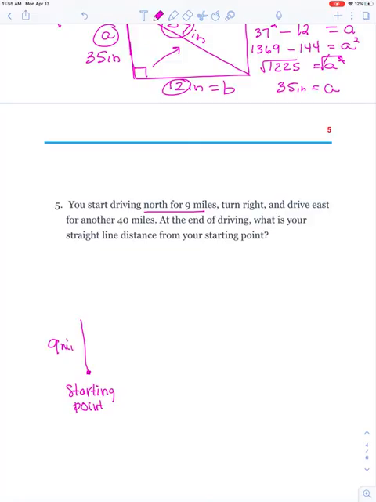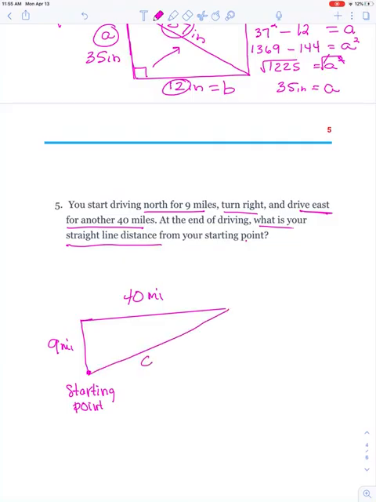Then I turned right. So now I'm going to go this way. I turn right, and I drive east for another 40 miles. So I drove east for 40 miles. What is your straight line distance from your starting point?